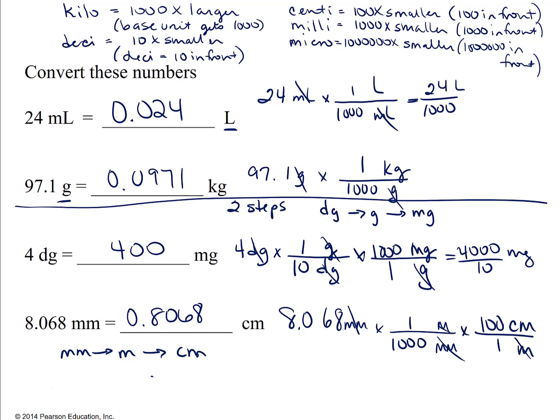But if there are 2 prefix units, like the 2 on the bottom, then you know you're going to have to go to the base unit first. The thing is, you really only have to remember what kilo means, what deci, centi, milli, and micro mean. Those are really the only ones you have to remember in order to be able to convert.